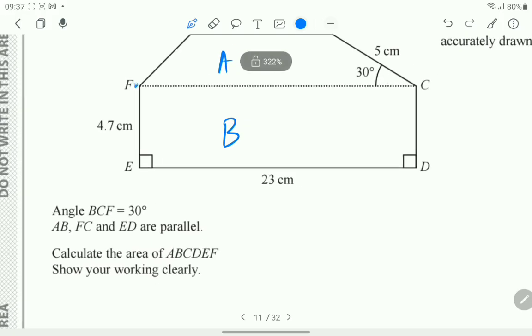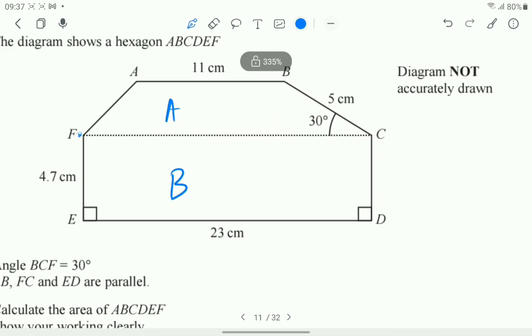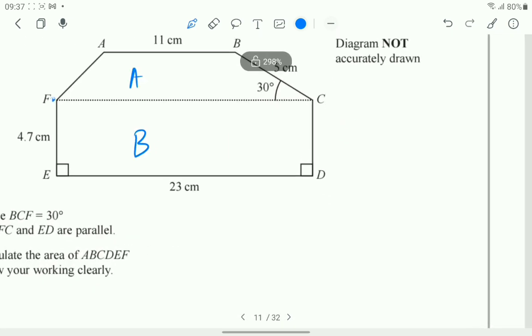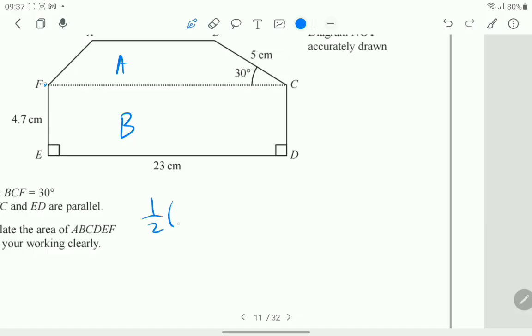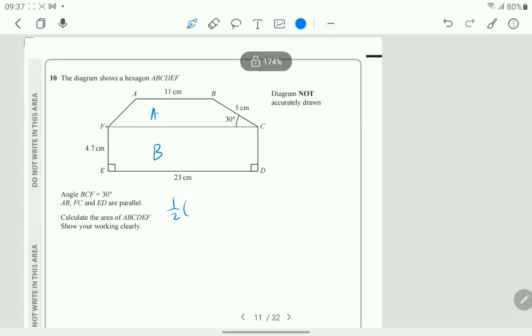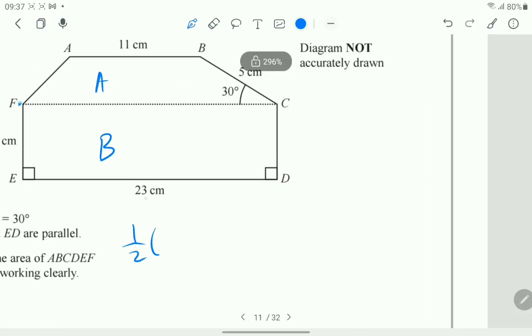Show clear working. So in order to find the area of the trapezium ABCF, we need to first find the area of the trapezium, and the area of a trapezium is half the sum of parallel sides, so this is 11, and this is also 23, by the way. So 11 plus 23, and we need to find the height.